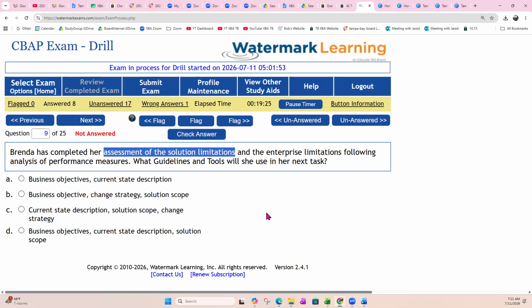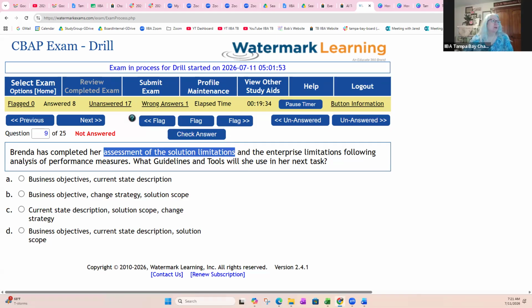Solution evaluation. So she's done that. She's also done enterprise limitations, and she's done analyze performance measures. So we've got to figure out what her next task is after she's done those three things. So what is the next task that she's doing?